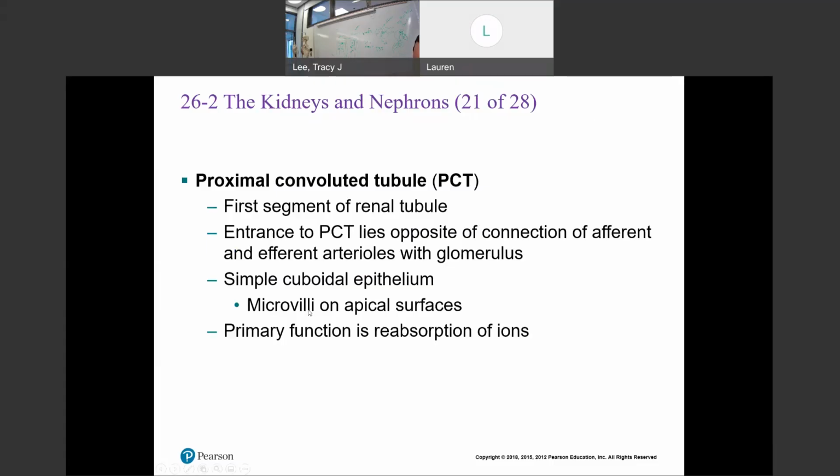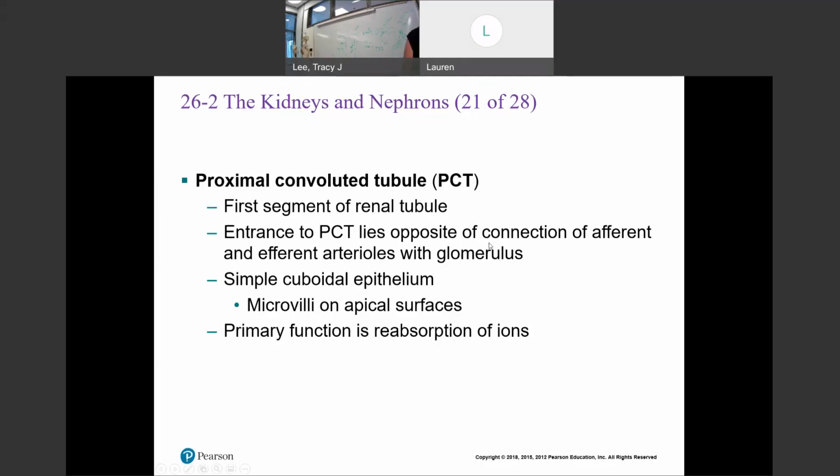We have some microvilli in the proximal convoluted tubule, actually quite a bit of microvilli. Why? What did I say happens mostly in the proximal convoluted tubule? Yeah, most of my reabsorption takes place in the proximal convoluted tubule. It's good organic molecules that we need, ions that we need, water that we need, vitamins that we need are going to come out of the proximal convoluted tubule.